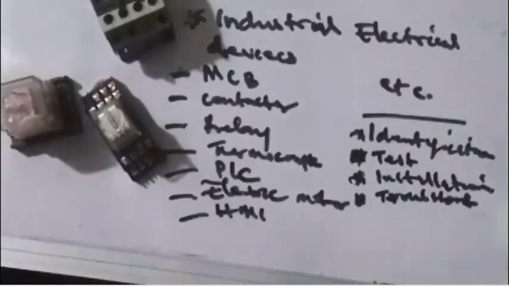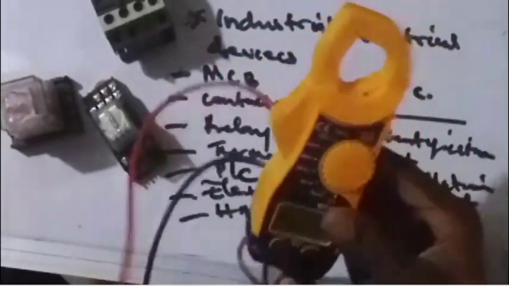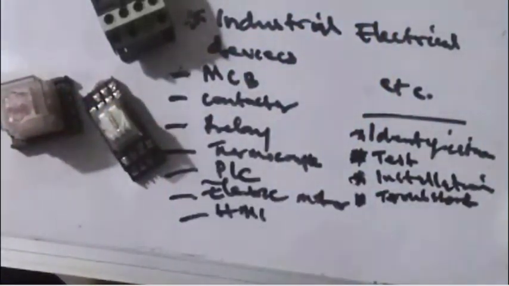Again we have a multimeter, a digital multimeter, for testing. We have different sizes. This is a small size multimeter. Okay, that is all we have for the industrial electrical now.